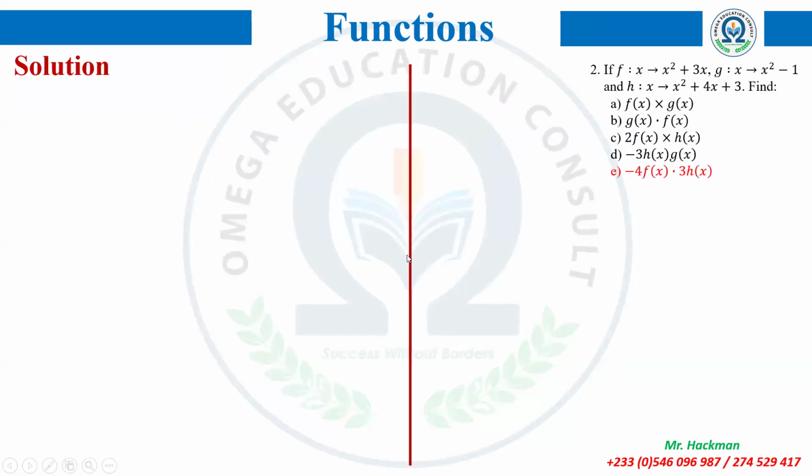Okay, so this is it. Questions are numbered. When you read questions, underline the salient part, if any. Here, we don't have any salient part, so we straight away write solution. Then we write the major question number and any information that you need to extract that will help you find whatever you are asked to find. Here, we've been given functions.